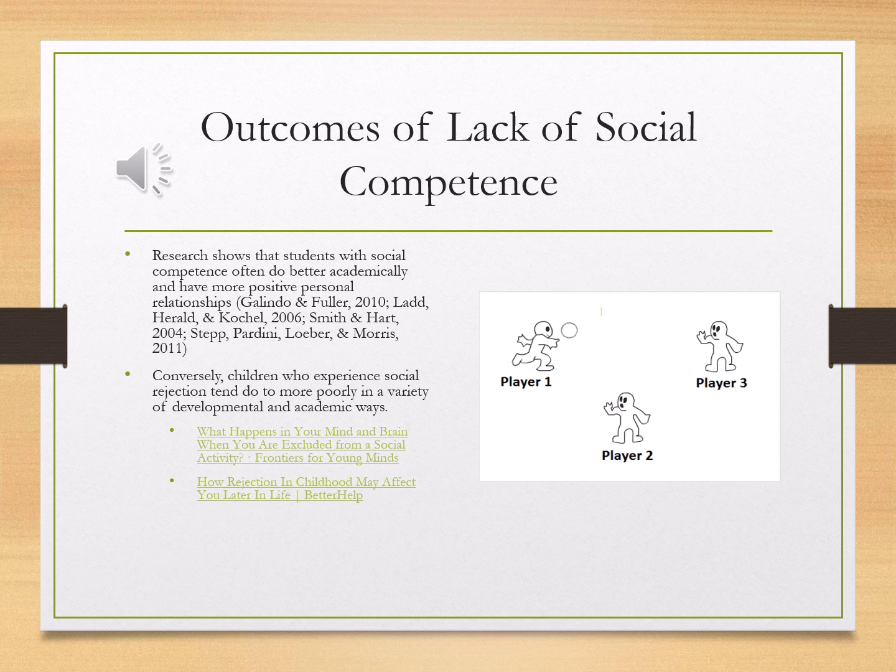Some other research, so we also know the opposite side. We know that when kids have good social skills, they do better socially and academically, but we also know that when kids experience social rejection and are having a hard time, they tend to do less well developmentally. Very interesting: there was a study done at Purdue University, and they created a little virtual game where you're pretending to play ball with two other people.